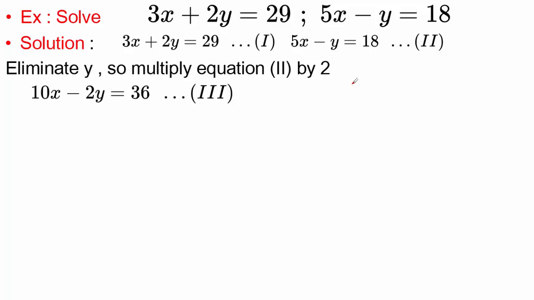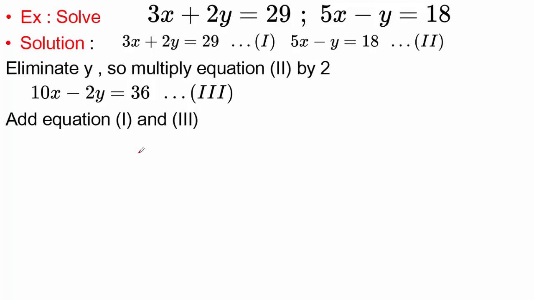Then we get 5x into 2 is 10x, minus 2y, and 18 into 2 equals 36. Therefore we get 10x minus 2y equals 36. This is equation third. The coefficient of y in the first equation is plus and the coefficient of y in the third equation is minus.